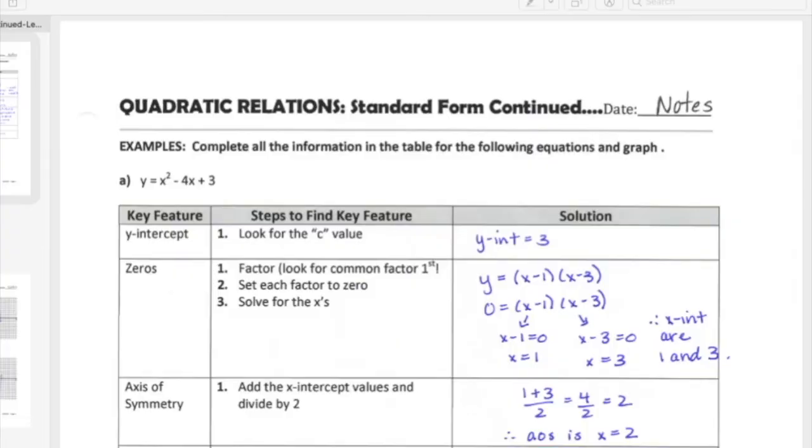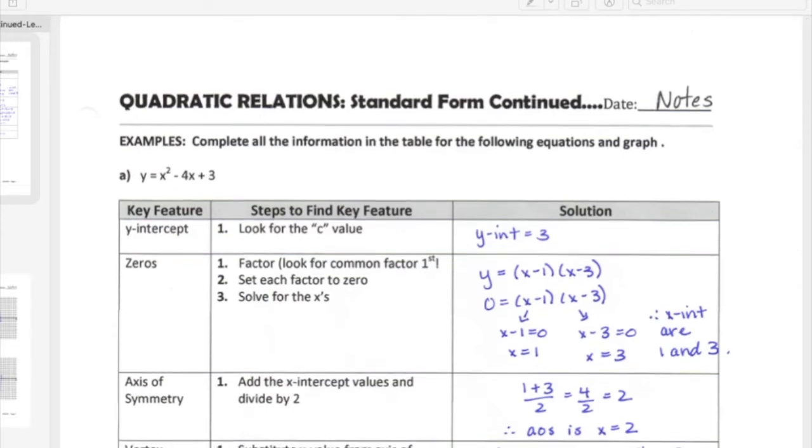All right? The second part of this lesson, I want to go over with you the different features of the quadratic relation so you can identify them. I'm going to give you this handout, but I also just want to walk you through it so you can use this then as a resource. So we are using the example of y equals x squared minus 4x plus 3. So that's our quadratic.